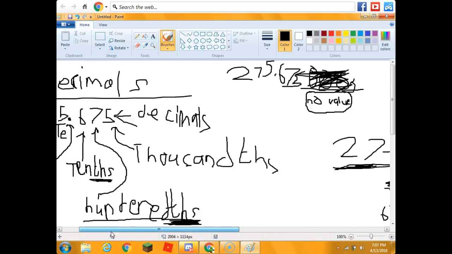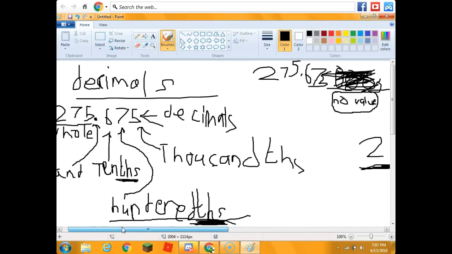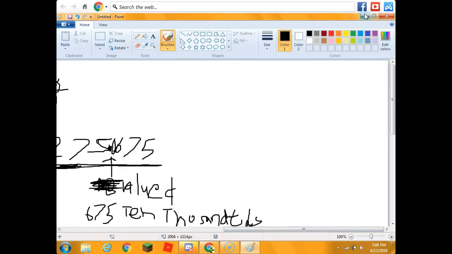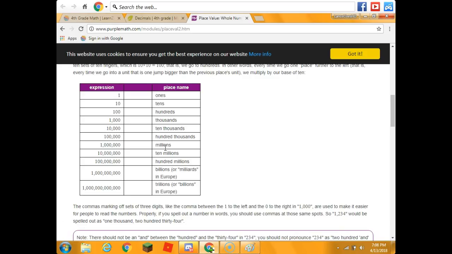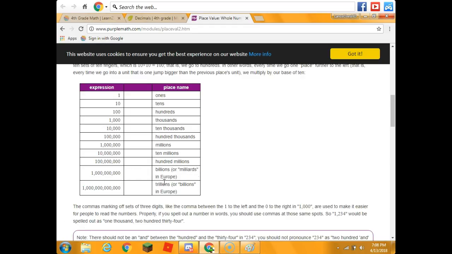Those are some of the place values of decimals, and it's basically the same value: millionths, 10 millionths, 100 millionths, billionths, and so forth and so forth.